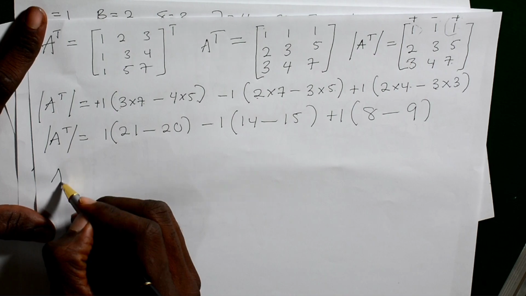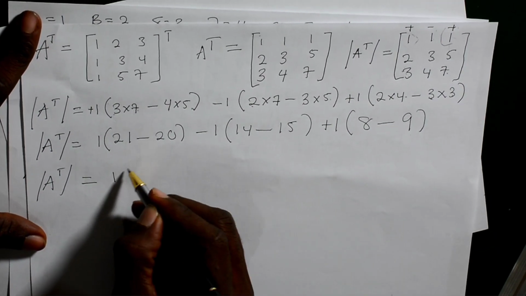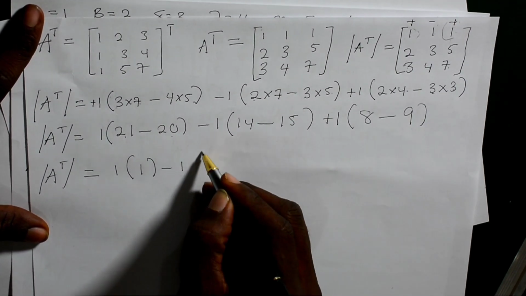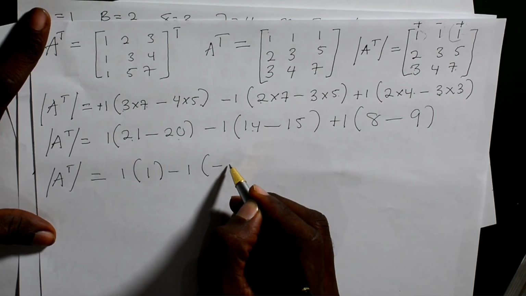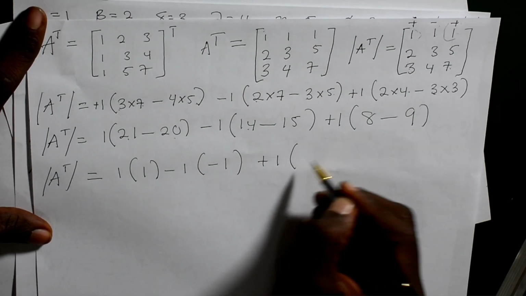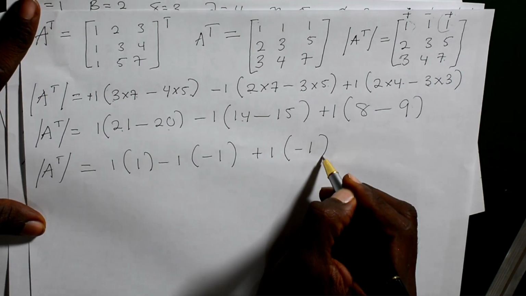So now A transpose determinant will be equal to 1 into 21 minus 20, that is 1, minus 1 into 14 minus 15, that is minus 1, then plus 1 into 8 minus 9, that is minus 1.